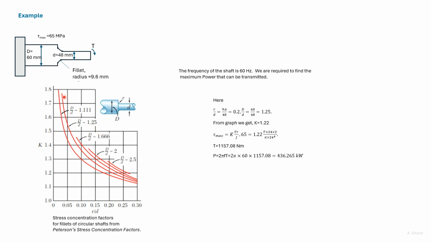So this is the curve for large D by small d of 1.25, and r by d is 0.2. So as we can see, the stress concentration factor is slightly more than 1.2. So here we have taken the stress concentration factor as 1.22.